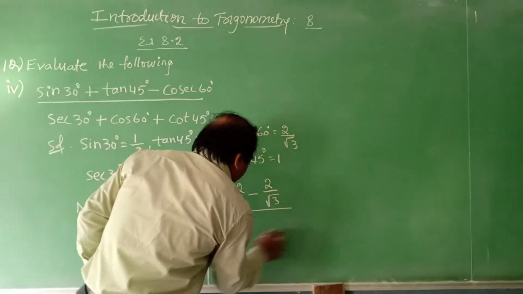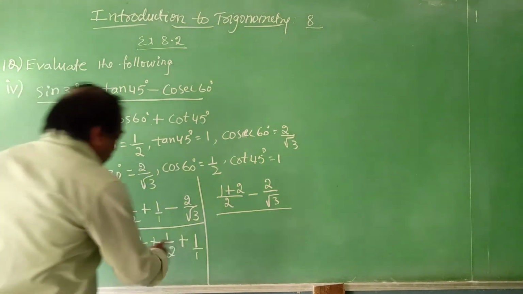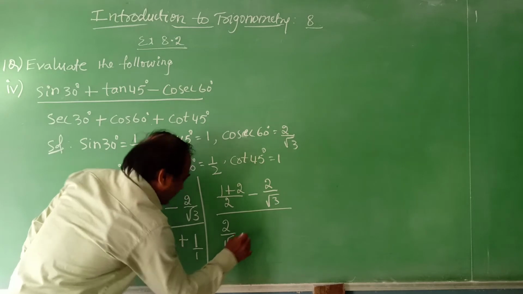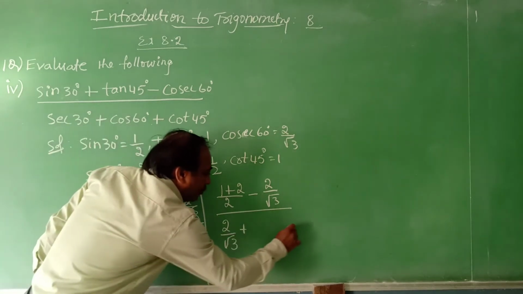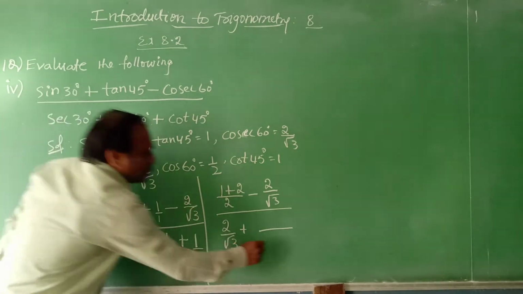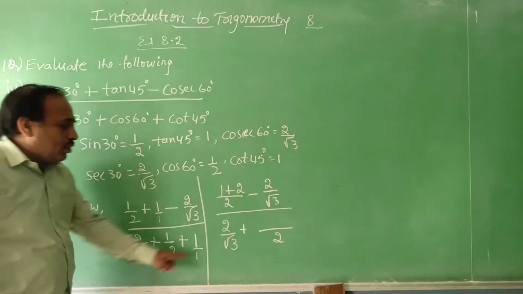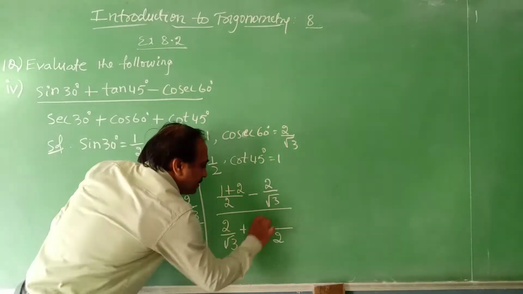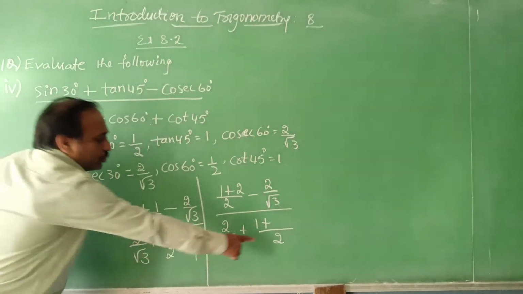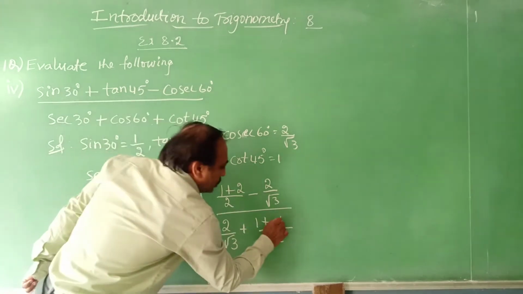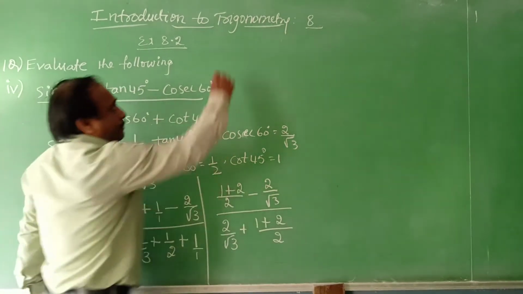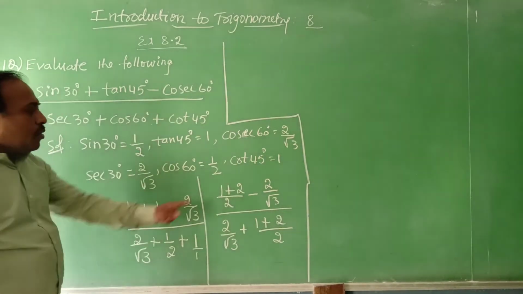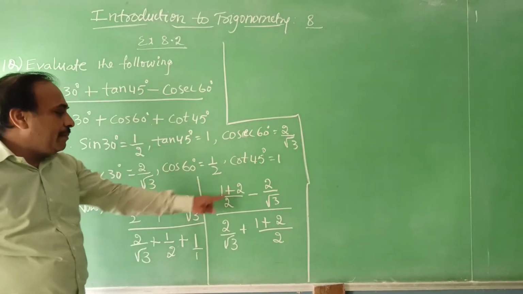Here 2 by root 3 as it is, plus, for these two the LCM is 2. 2 into 1 is 1, plus 2 times 1 is 2. Now the next step: 1 plus 2 is 3, so 3 by 2.